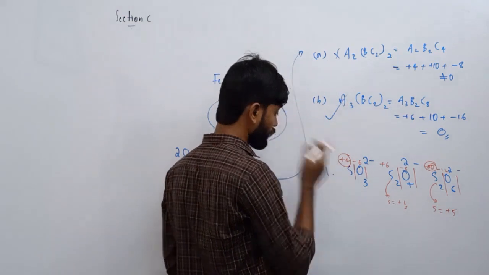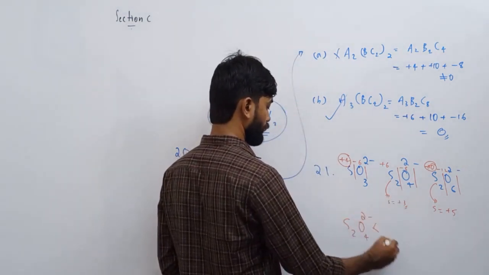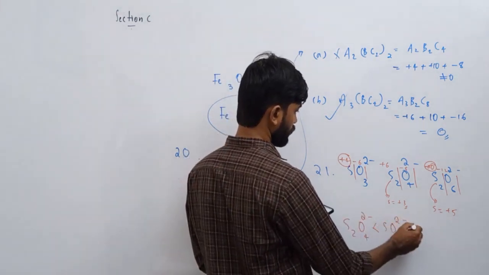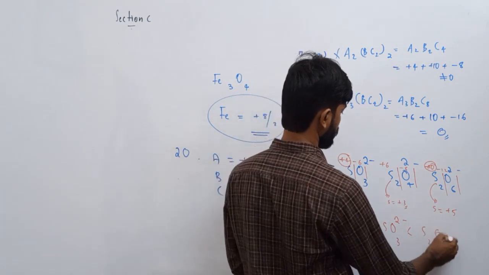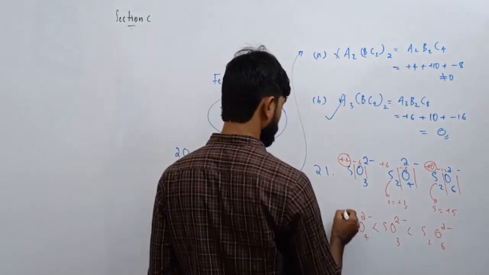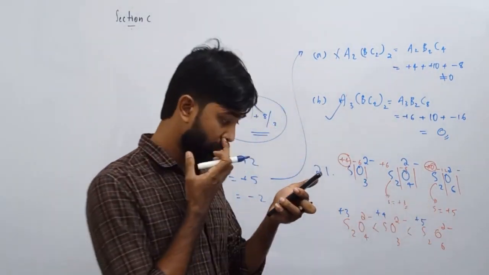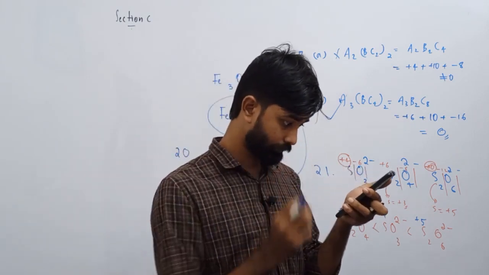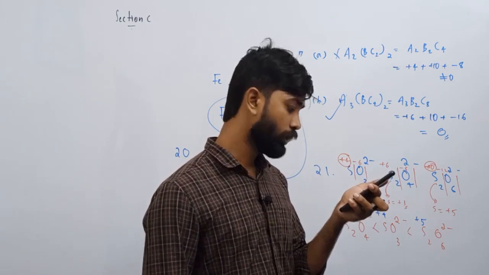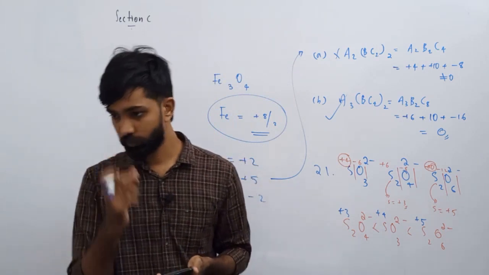So the least one is S2O4 2-, then SO3 2-, then S2O6 2-. This is the increasing order of oxidation state of sulfur: here plus 3, here plus 4, here plus 5. Ready? So you can choose choice 1.